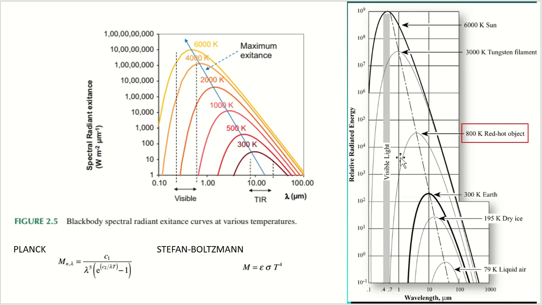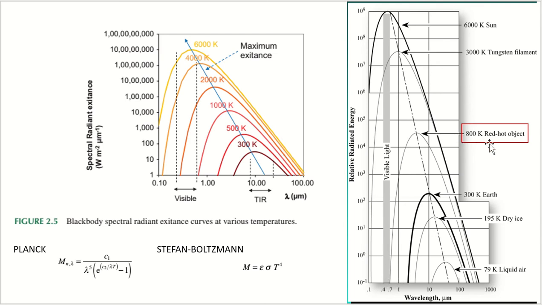But what's interesting is what the curve looks like when it descends on the shorter wavelength side. It gets to a point where there's little, but there might be some energy emitted at a wavelength of about 0.7 micrometers. So that's just short enough to be visible, and that is the red area of the visible spectrum.